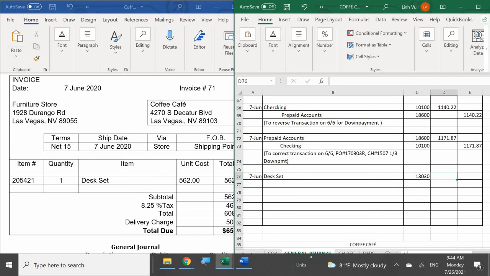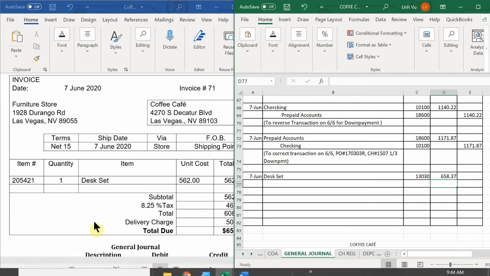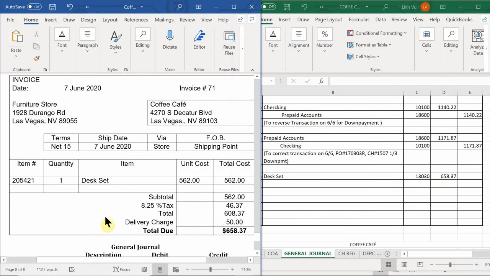And it's for $658.37. Now in this case, I received a bill and what's my terms going to be? Net 15. So in this case, I'm not going to pay for it today.